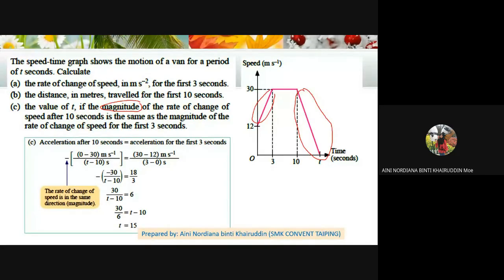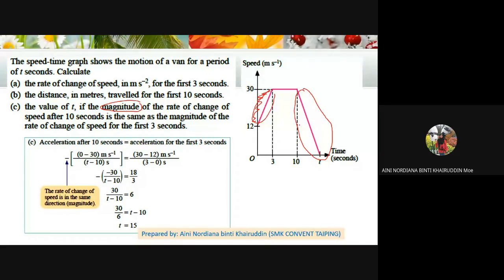So the acceleration after 10 seconds, bukan yang ni, after 10 second. Okay, after 10 second yang ni.